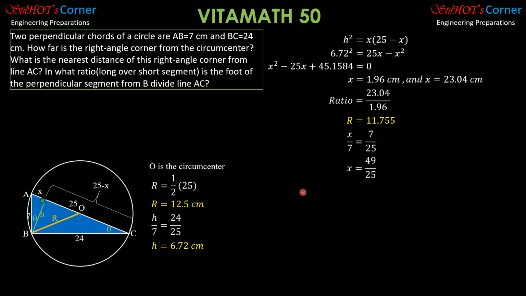So x is 49 over 25. That's why the ratio is 25 minus 49 over 25 all over x, which is 49 over 25. So solving for the ratio, the exact is 576 over 49, or in decimal 11.755. So that's it. And the answers are the same.